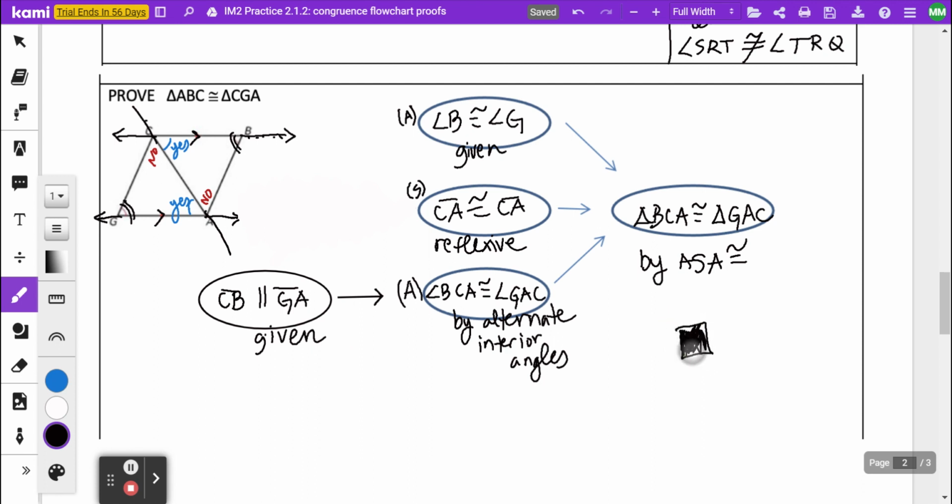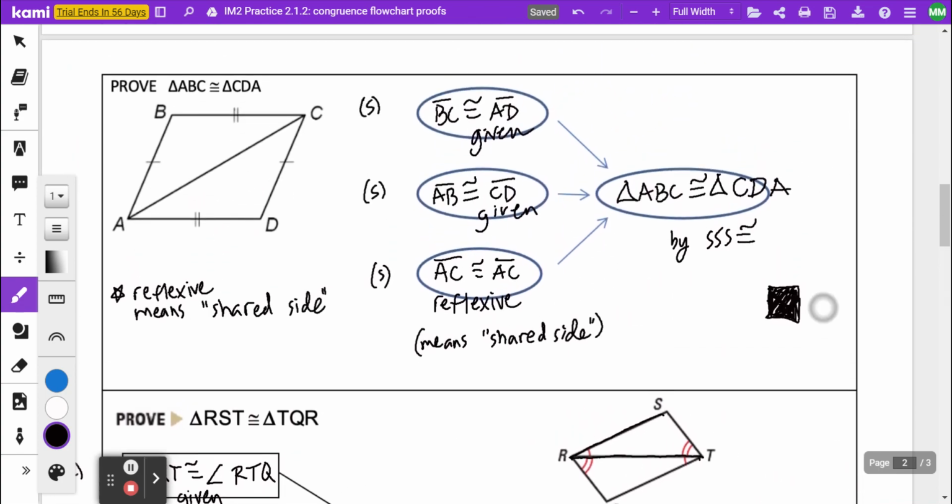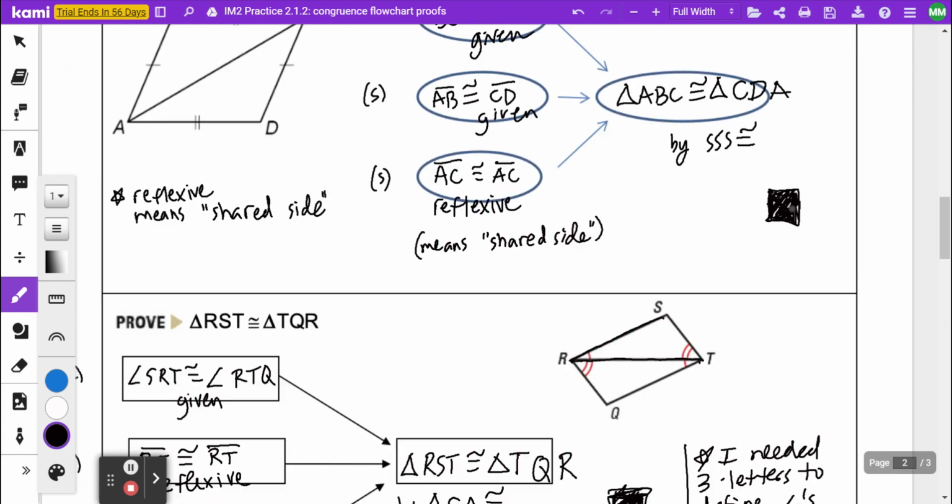This proof is done. And this proof has some major takeaways. Did we do this one previously? Have we had parallel sides? No, this is the first time.